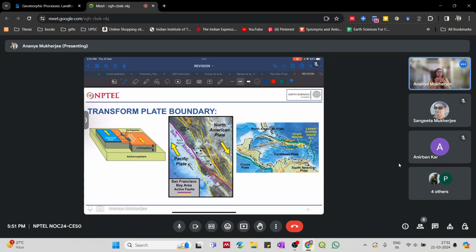So because of the two different motions with respect to each other, a very long fault is formed. That is the San Andreas fault. Another kind of transform fault can be seen between the North American plate and the Caribbean plate. The Caribbean plate is a minor plate, so there can be transform boundaries existing between a major plate as well as a minor plate.